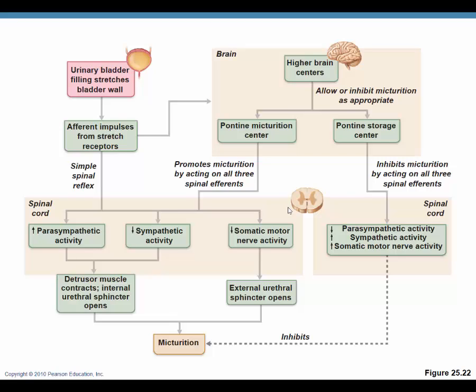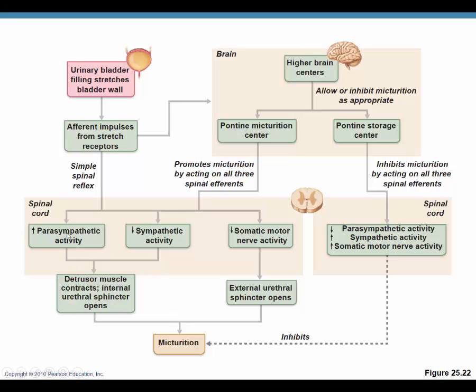So if we look at the bladder wall, if we want to increase urination, I'm trying to get on the right path here. So increased parasympathetic activity causes the muscles of the bladder wall, first of all, to contract, and then the internal urinary sphincter opens with parasympathetic stimulation.